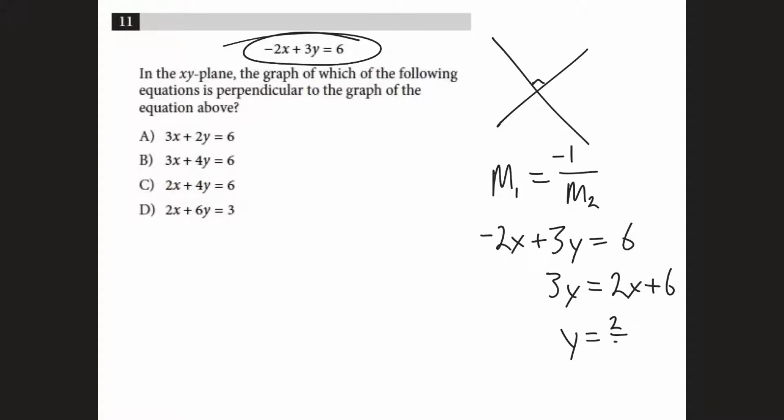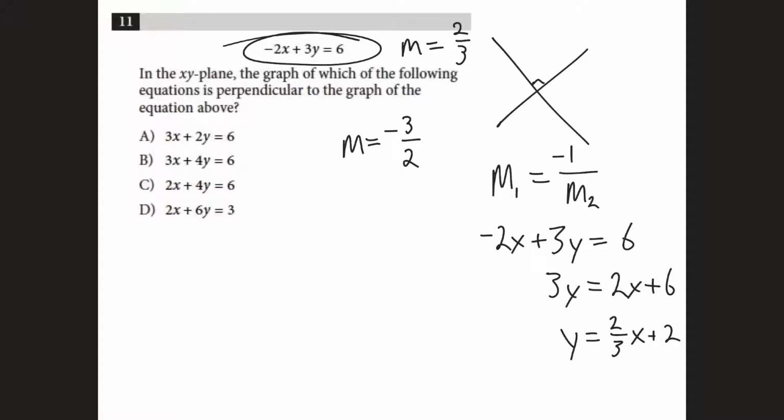We're going to get 2/3 x plus 2. So the slope of this line equals 2/3. All right, so we're looking for an equation with a slope of -3/2.